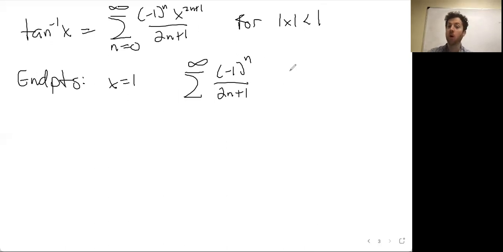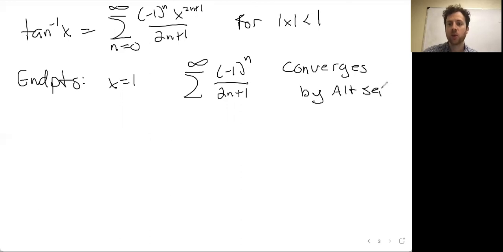So we get this alternating series. And to skip some pretty standard work, you can show this converges by the alternating series test. So you would show that b_n is 1 over 2n plus 1, which decreases and goes to 0. So the alternating series test says it converges.